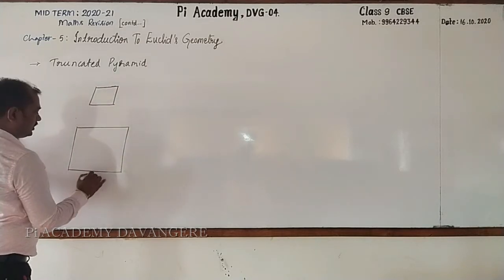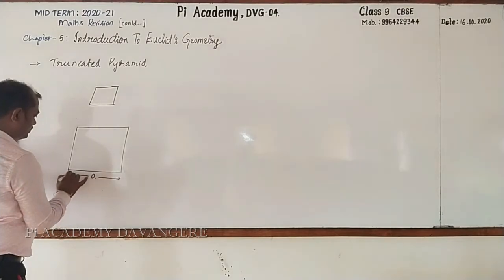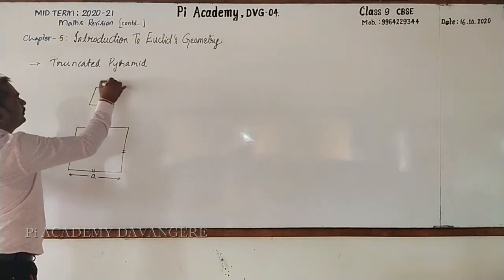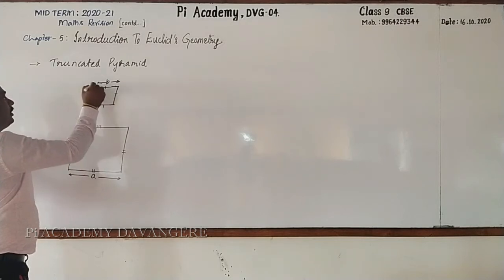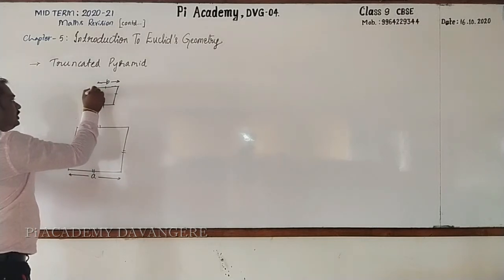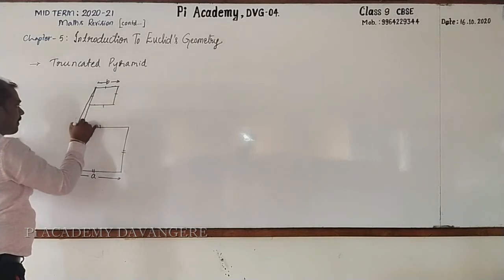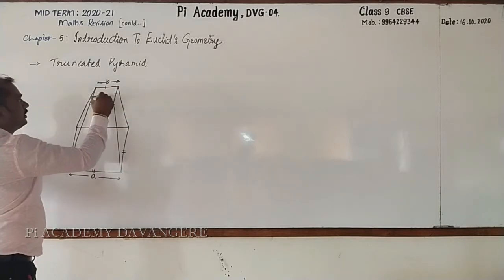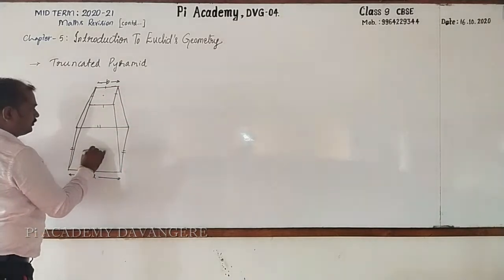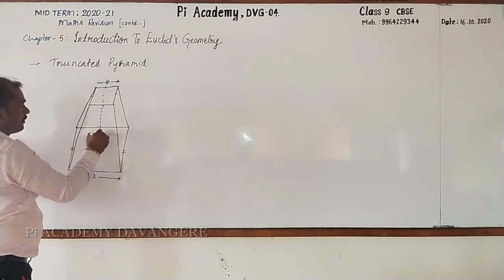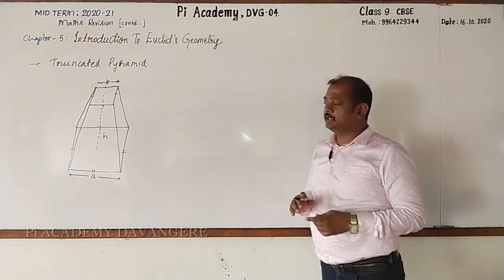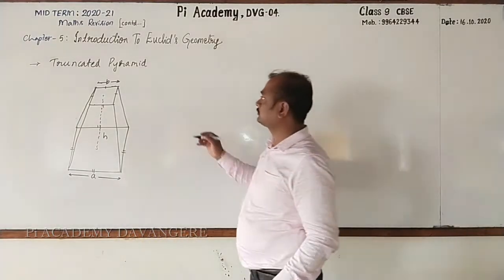And call each side of big square as A. Then each side of small square as B. Then join consecutive vertices like this. Then here mark the midpoint of both the squares and join them. This is height of the pyramid. This is what we say truncated pyramid. Followed.